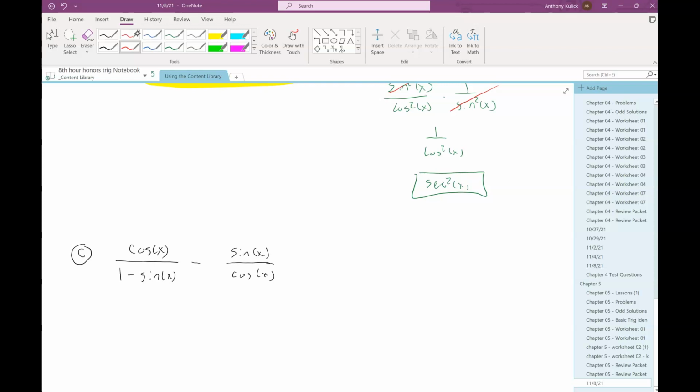So let's just make a common denominator. What would that common denominator be in this case? It would be just sine times 1 minus sine times cosine. Very good. So I'll multiply the first fraction by cosine and the second fraction by 1 minus sine x.